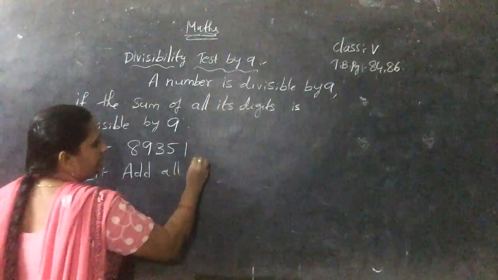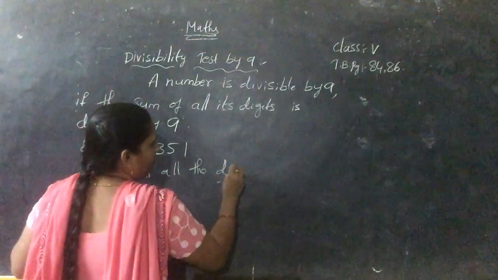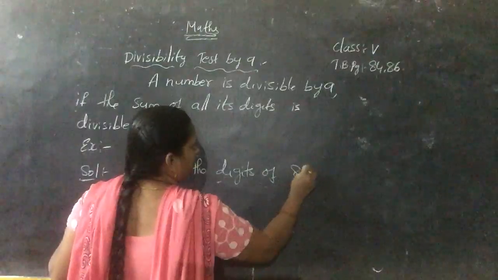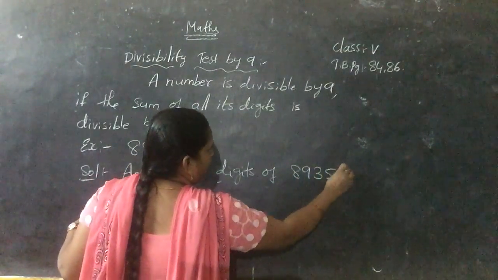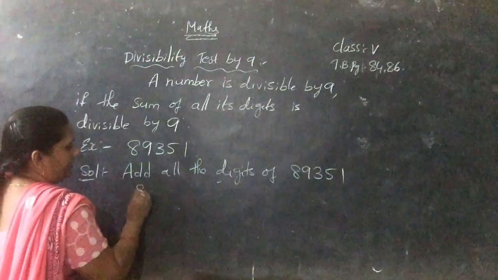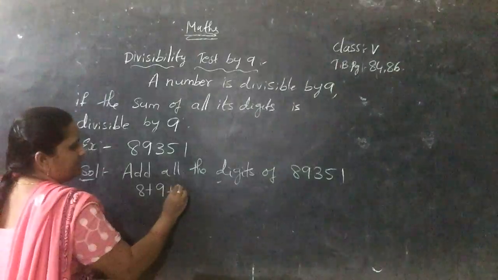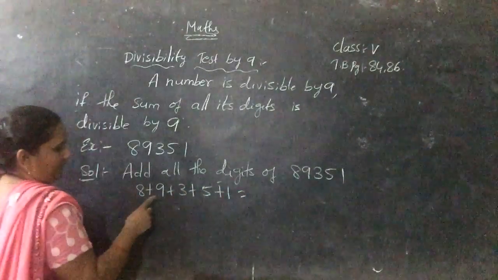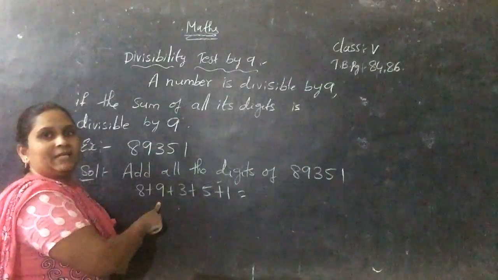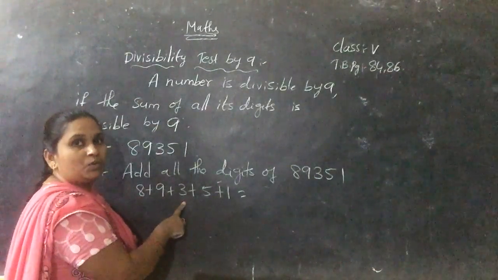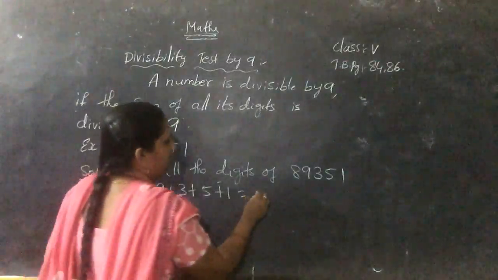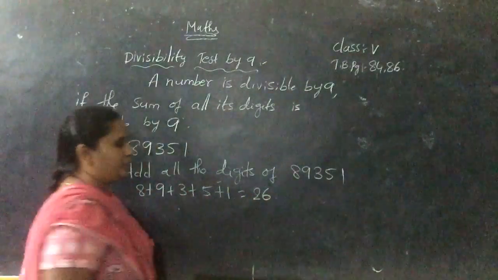all the digits of 89351. So 8 plus 9 plus 3 plus 5 plus 1. 8 plus 9 is equal to 17. 17 plus 3 is equal to 20. 20 plus 5, 25. 25 plus 1, 26.